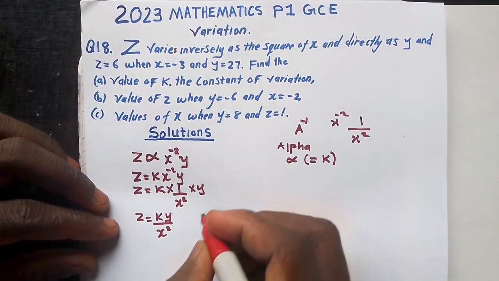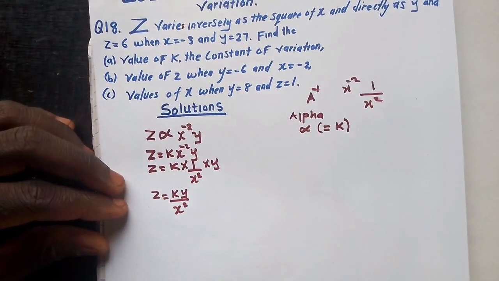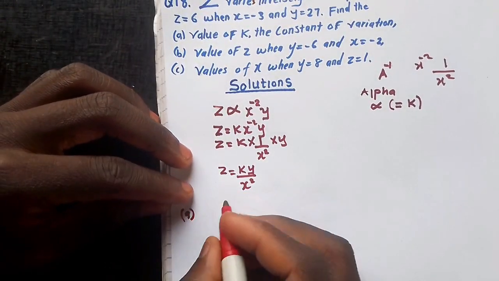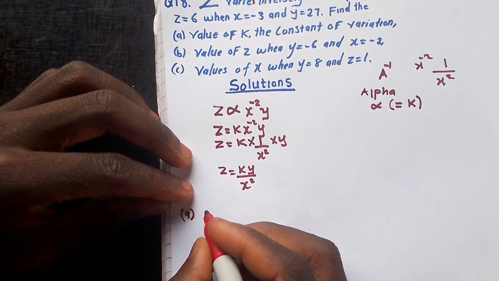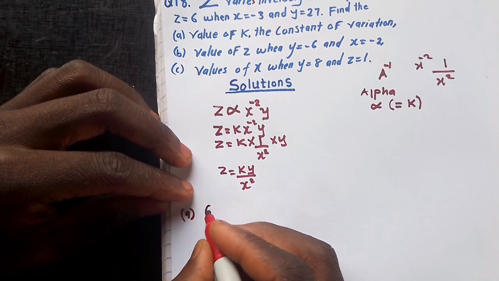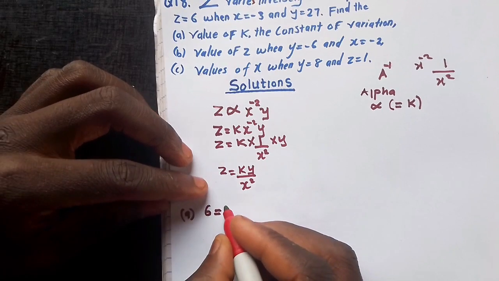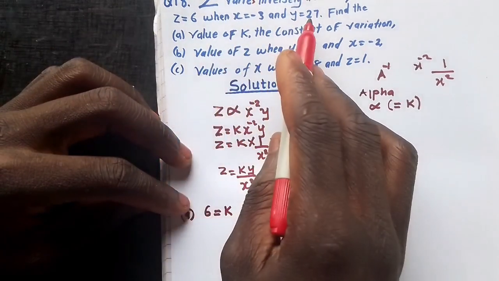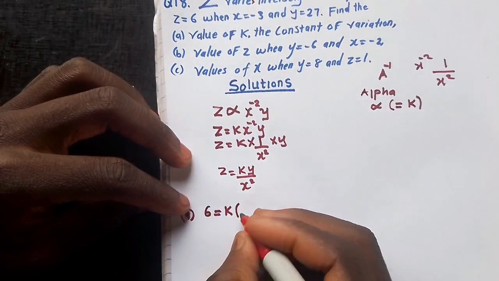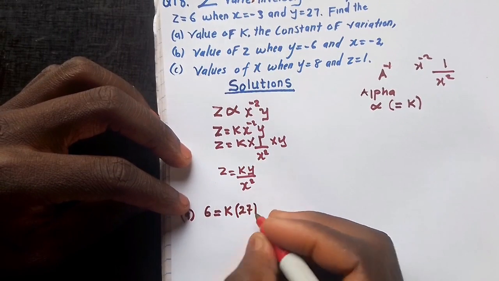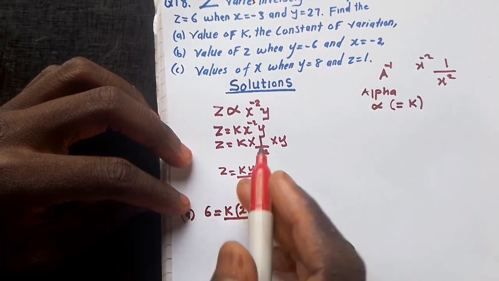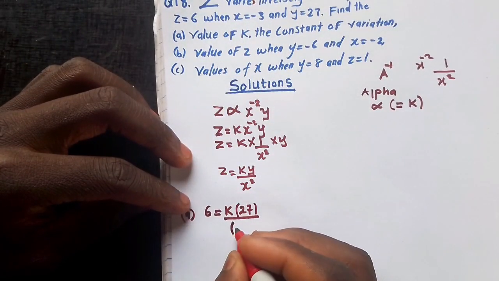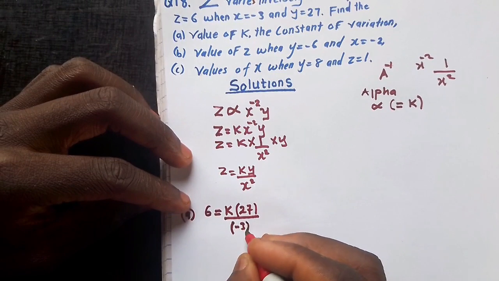So for part a, z is 6, which is equal to k, the constant of variation we don't have. Then y is 27. So I'm going to say open bracket 27 over the value of x, which is -3. Ensure that you put -3 inside the brackets. So -3 to the power 2.